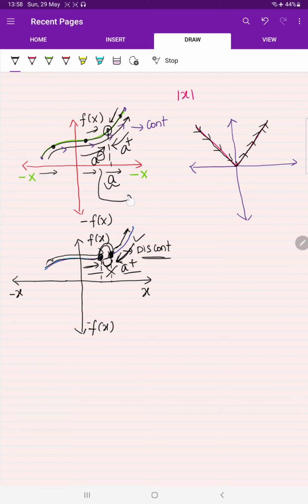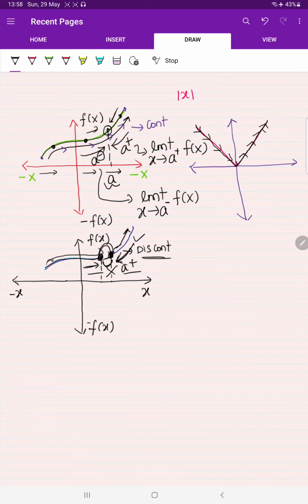When we travel from the left hand side, we have to define that limit. I am closing in on that specific function by traveling from the left hand side, and similarly you can define it by traveling from the right hand side, which will be defined as A plus.